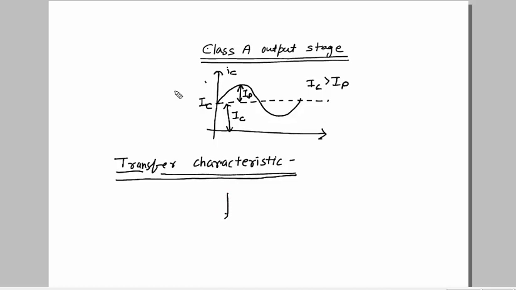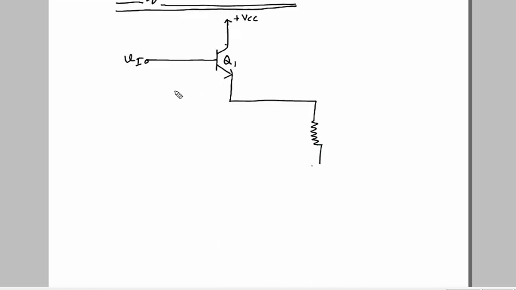Let us have Q1, which is configured in the emitter follower configuration. This is the power supply VCC. The emitter follower has input applied at the base and output taken at the emitter. So let us have one resistance RL here at the emitter, and across this we are taking the output V0.